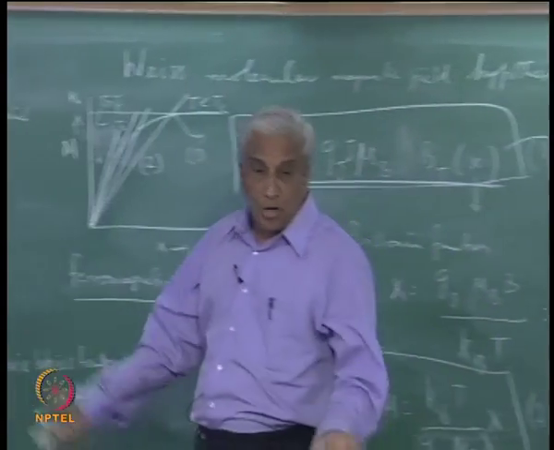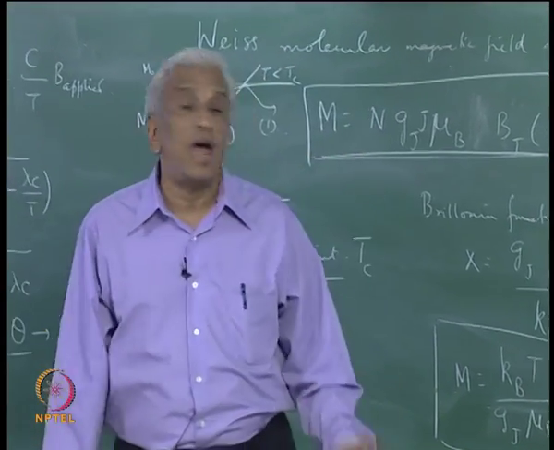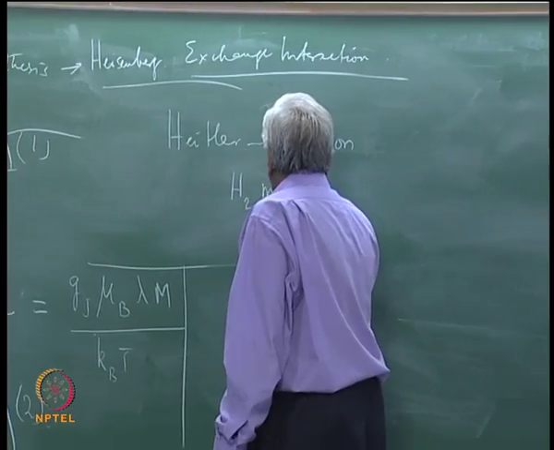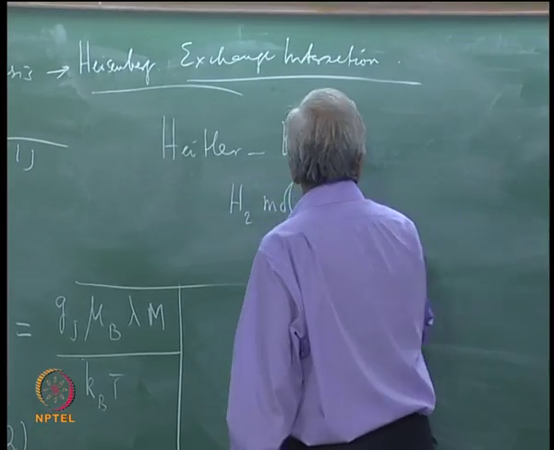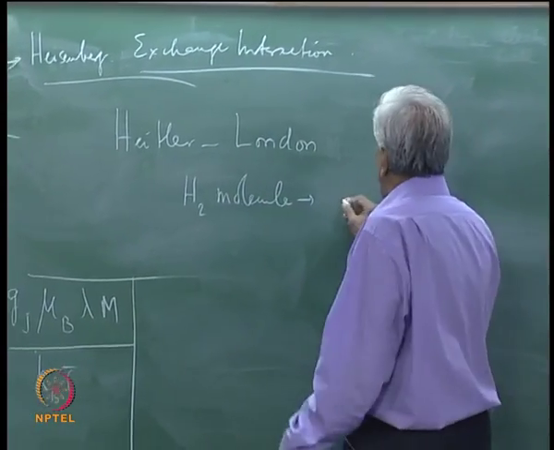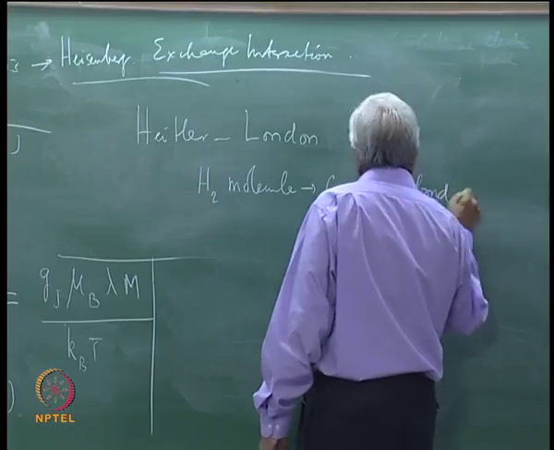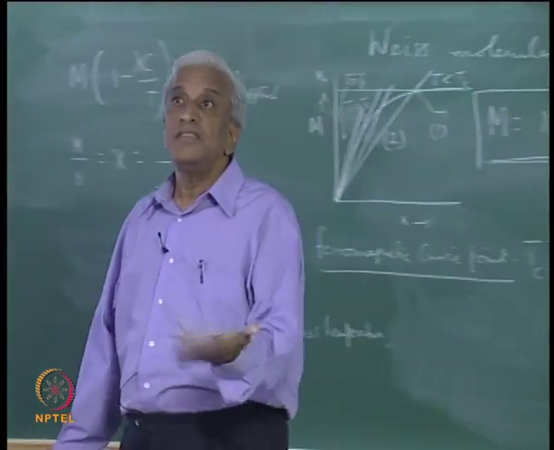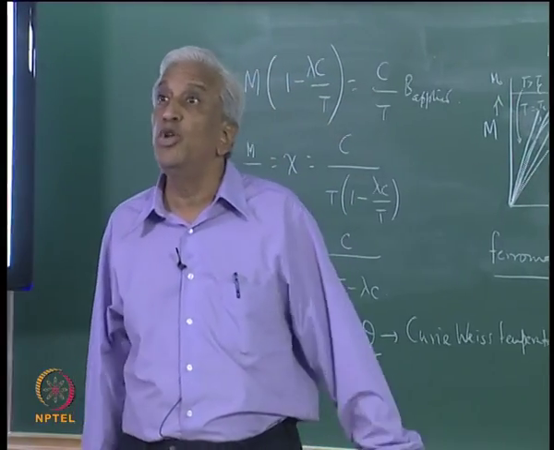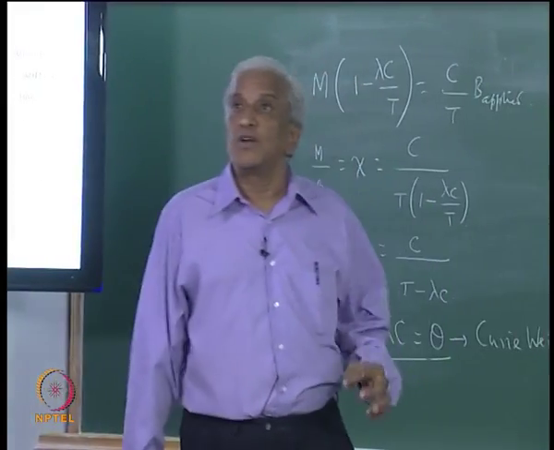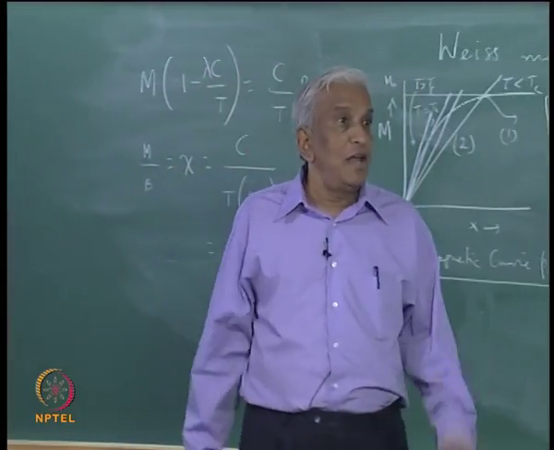If you take the hydrogen molecule, which consists of two hydrogen atoms bonded together, the nature of the bonding is that they share the electrons and form what is known as a covalent bond.